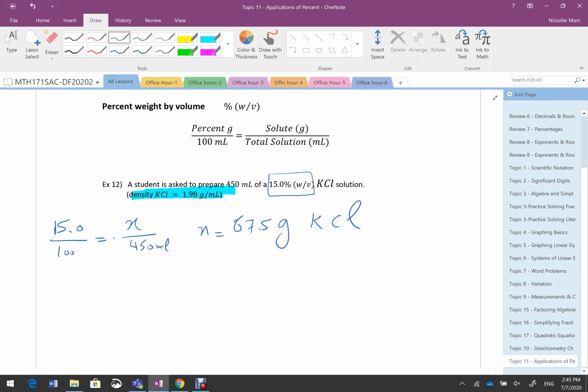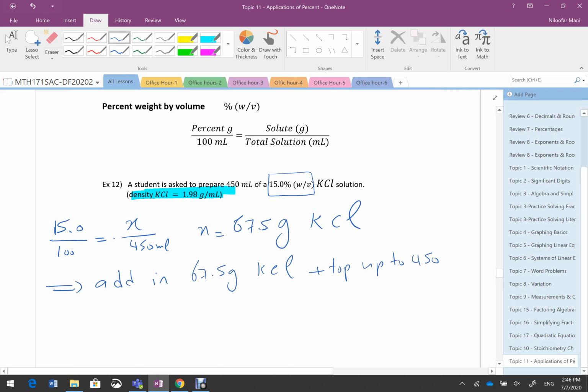So I can say I add this 67.5 gram KCl and then top up to 450. So that's in grams.